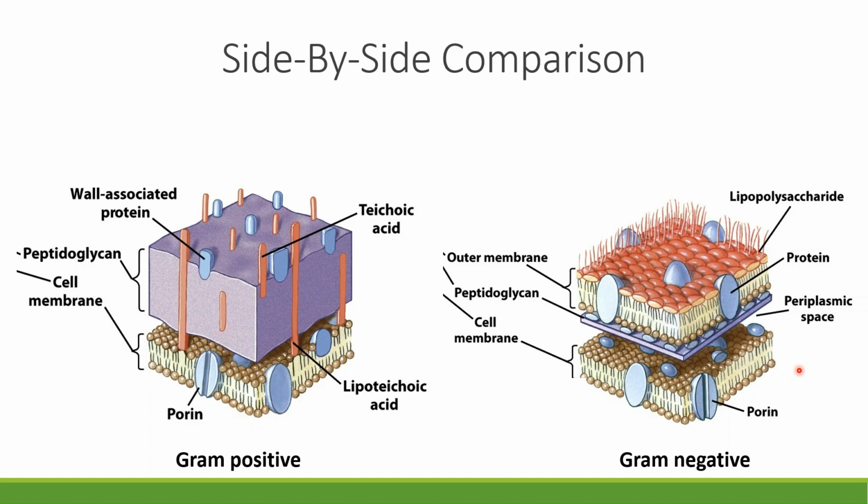And in fact, our earliest antibiotics and many of the common antibiotics we use today, so, for example, penicillin, which we discussed was the first antibiotic that was elucidated, attack peptidoglycan.